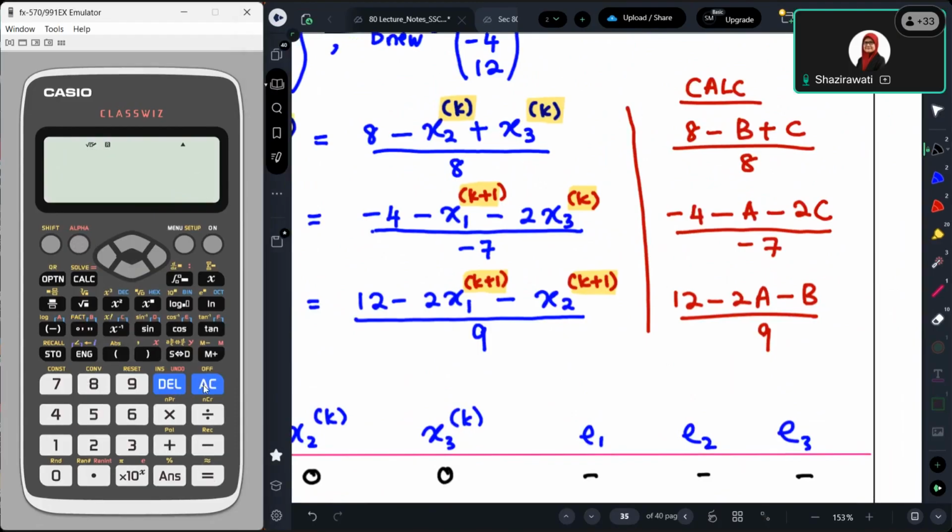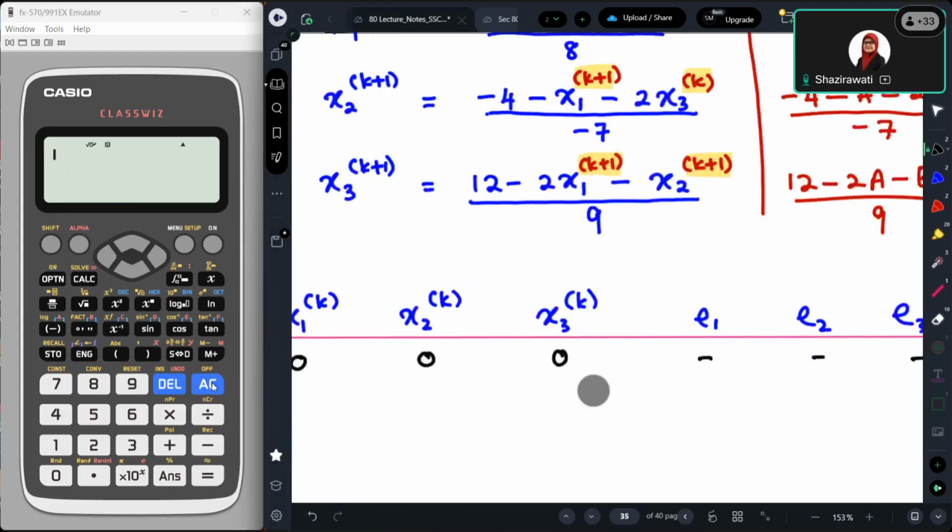Equation number 2, negative 4 minus A minus 2C over negative 7. So careful bila masukkan term. Equation number 3, 12 minus 2A minus B over 9. Okay, so dah ada 3 equation.